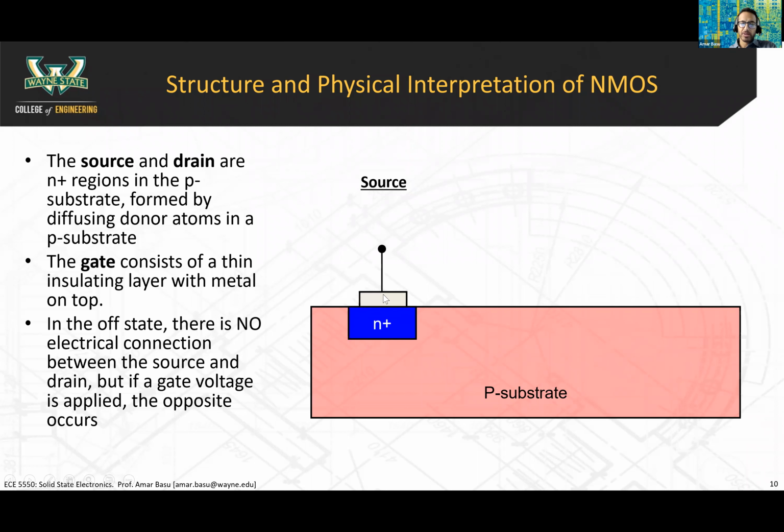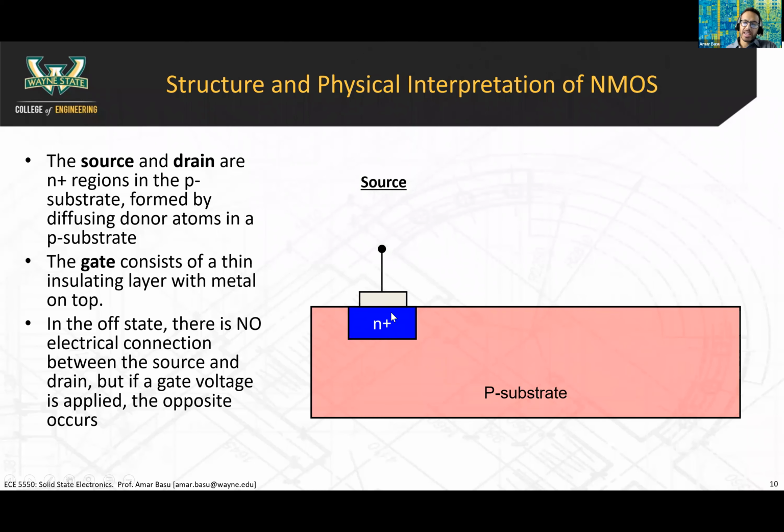And then you make a metal contact here. And if you have an N+ region and you put a metal on top of it, what type of contact does that form? Ohmic, Schottky barrier? Neither, both. Ohmic. It forms an ohmic contact, right?